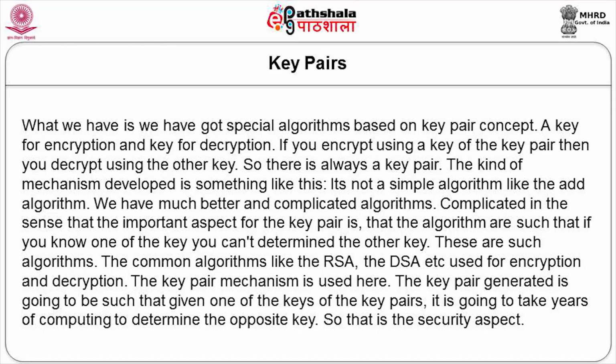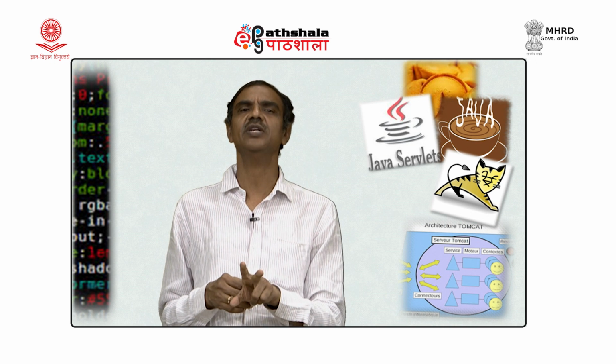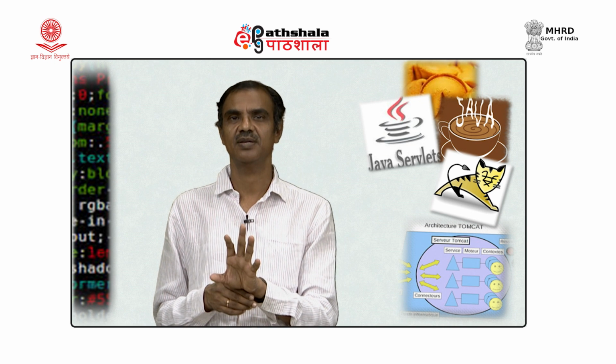What we have is special algorithms which are again based on this key pair concept: a key for encryption and a key for decryption. If you encrypt using one, it can be decrypted using its opposite key. So, you always have two keys, there is always a key pair.